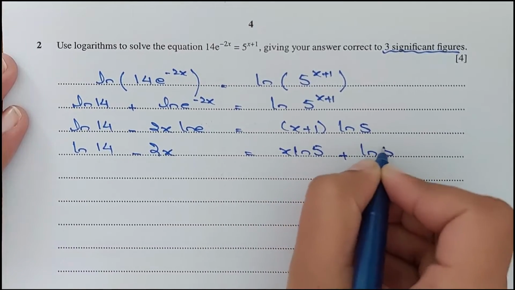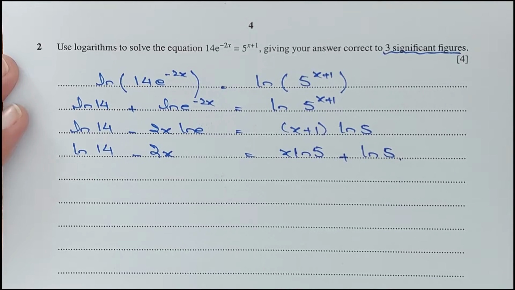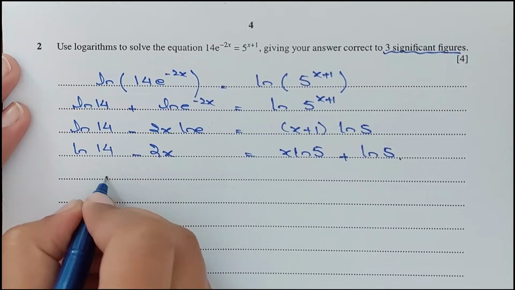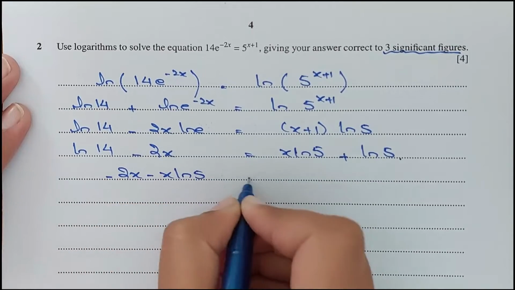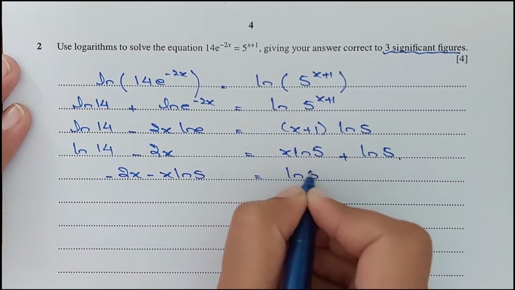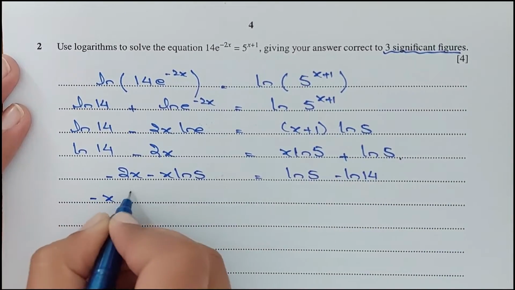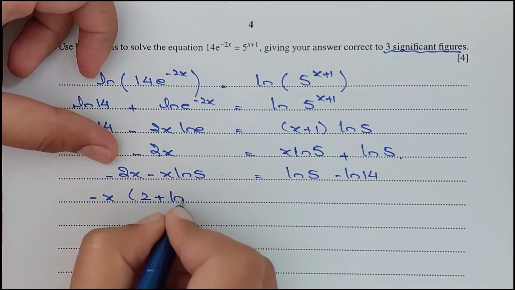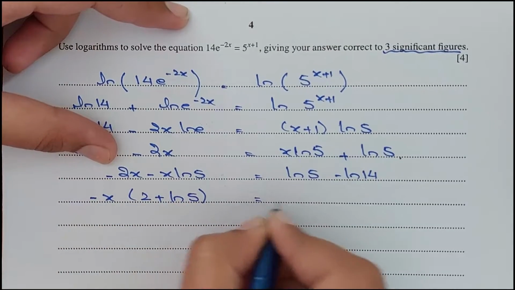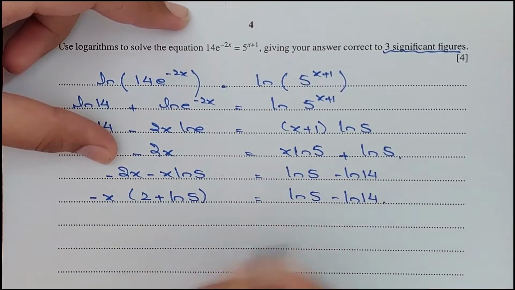We have to solve for x, so we combine the x terms on the left side. So minus 2x and minus x ln 5 equals ln 5 minus ln 14. Taking negative x common, we are left with 2 plus ln 5, equal to ln 5 minus ln 14.